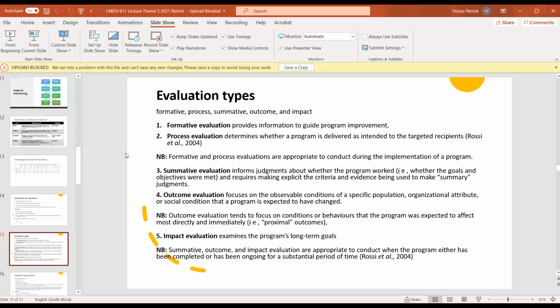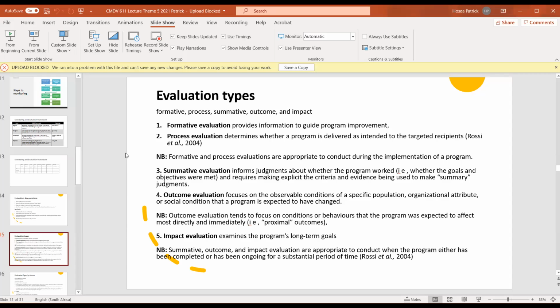When we come up with the final results of that evaluation, it is carried out to improve on the particular project we are currently embarking on. That is the formative evaluation, carried out in the course of the project.